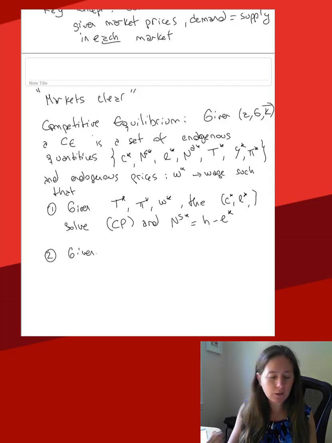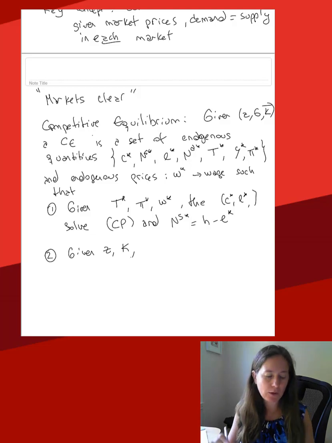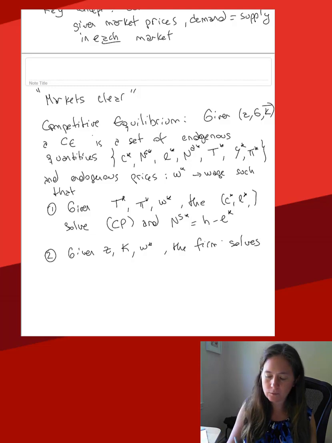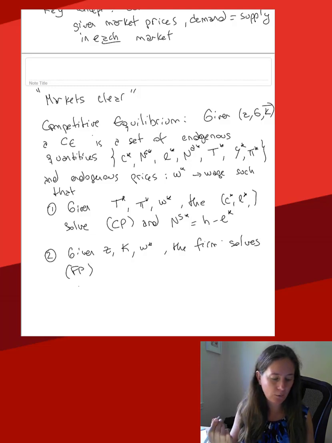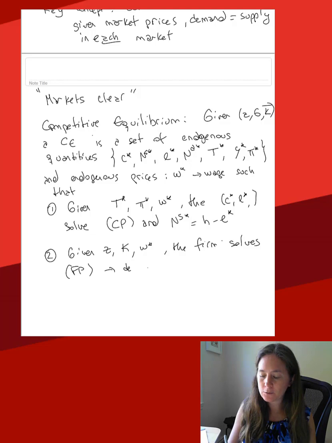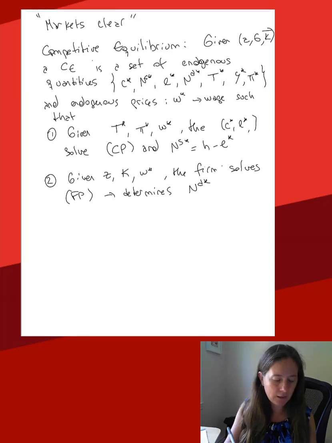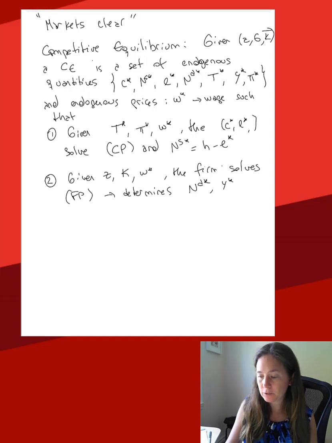given the amounts of TFP, given the level of capital, which we assume was fixed, and given the wage rate, the firm solves her optimization problem, and that determines the optimal demand for labor, the total amount of production and the total amount of profits.